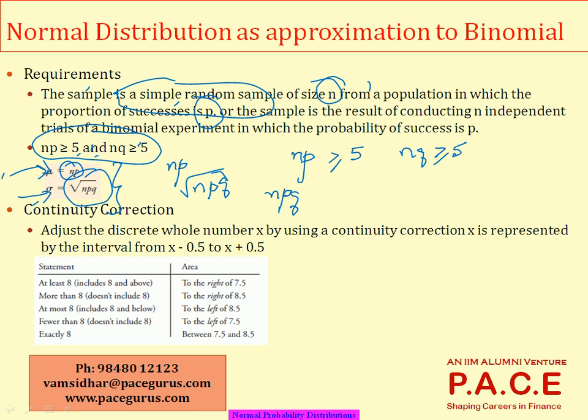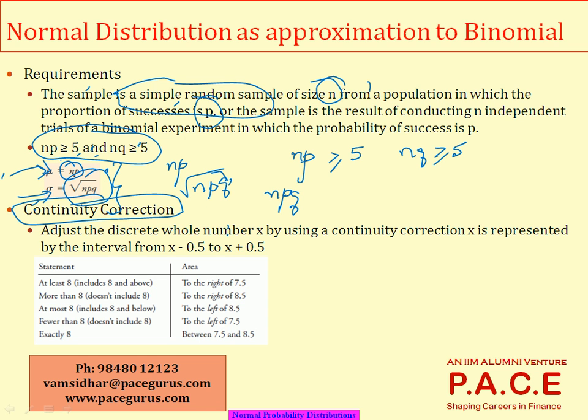Then, because we are converting a discrete distribution into a continuous distribution, some kind of adjustment is required, and that adjustment is what we are calling continuity correction.